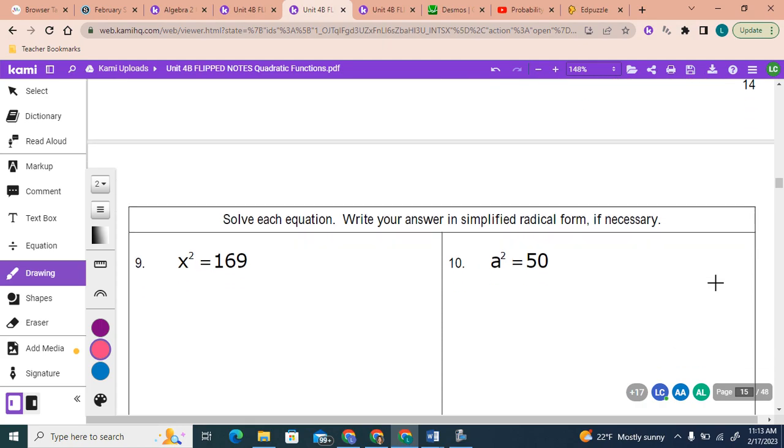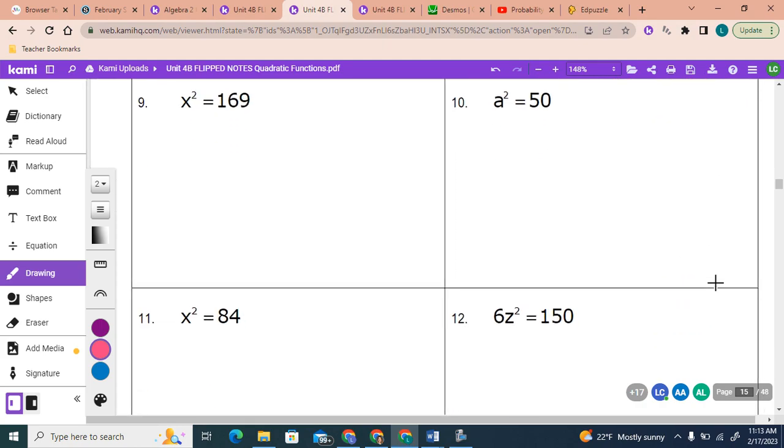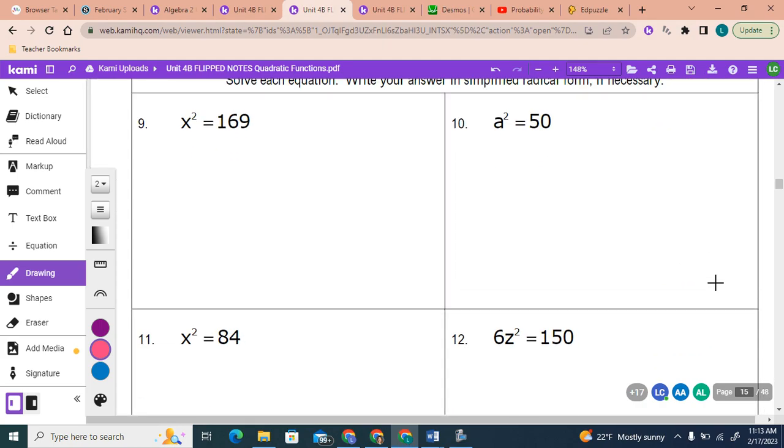Okay. Let's look at number 9. Let's take a little bit of a breather here. Is there anything to add or divide or multiply by? No. So right away, we just take the square root. X equals plus or minus.